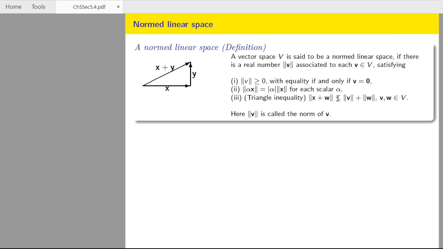When we introduce a new notation or new concept, we typically try to look at whether or not it's linked to what we studied earlier. So those are the three properties for a norm to be satisfied.